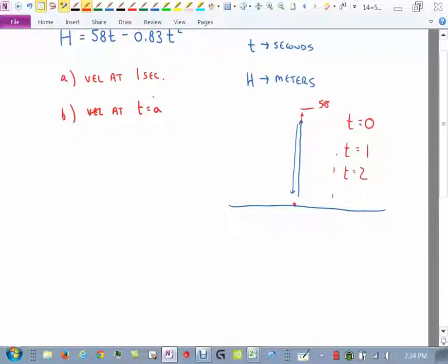C, when will it hit the ground? And then last thing, D, what is the velocity when it hits the ground?